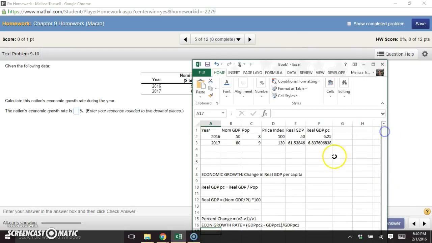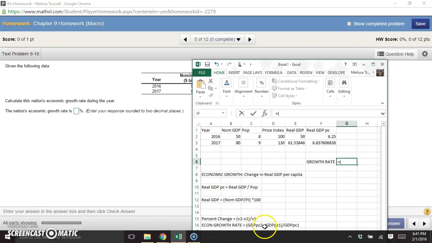So let's get Excel to do that math for us then. I'll just do it in this cell here. We'll label it G, or growth rate, and we'll have Excel do the math. So I want in parentheses on top of the fraction. Again, we're referring to this formula down here.